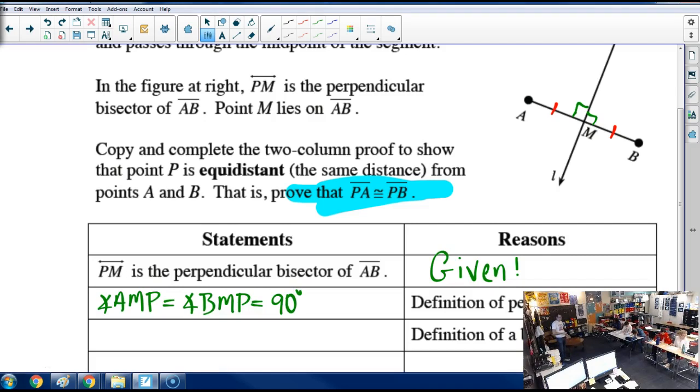So now that we have these three things, we can say that PAM is congruent to BMP, because we do know that two perpendicular lines make 90-degree angles. You could either just say AMP is congruent to BMP, or we could say that they're not only equal, but they also equal 90 degrees because perpendicular tells us that.